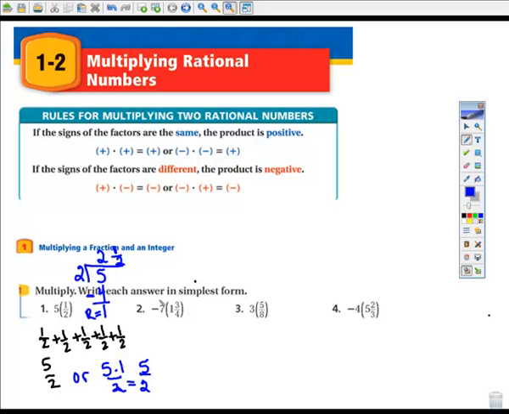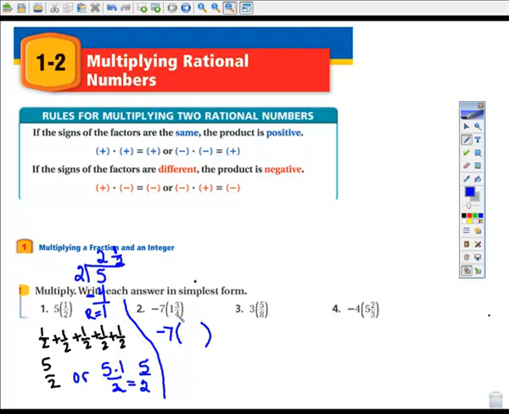Next we have a fraction. It happens to be a mixed number times our integer of -7. When we do this one, I first need to change that 1 3/4 to an improper fraction. Recall an improper fraction, I call it top heavy. The numerator is greater than the denominator.